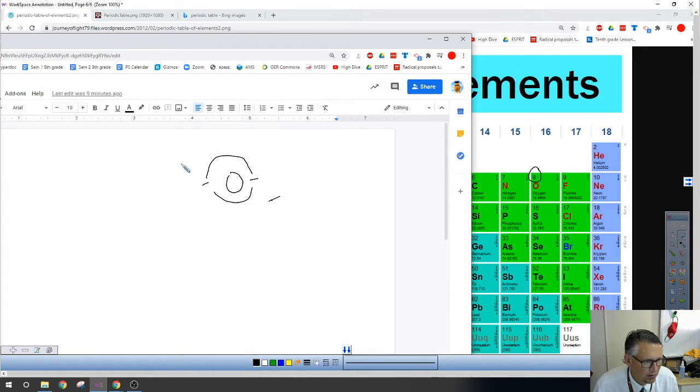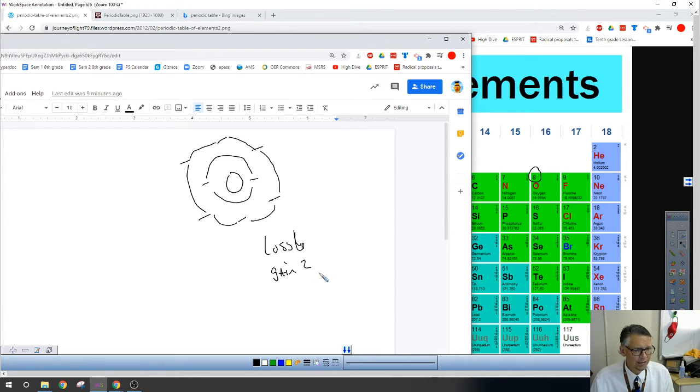That's 1, 2, 3, 4, 5, 6. So this outermost shell can hold 8, but it's only got 6 in it. So that means it's either going to lose 6, or gain 2.